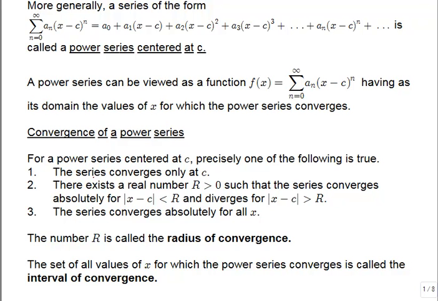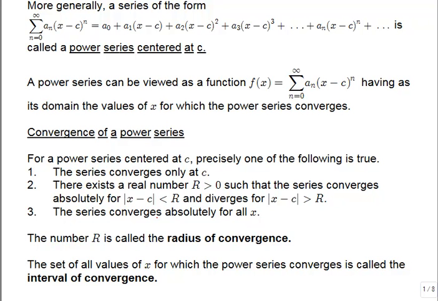Number one, either the series converges only at c. Number two, there exists a real number r greater than 0 such that the series converges absolutely for the absolute value of x minus c less than r and diverges for the absolute value of x minus c greater than r. Or the third case is that the series converges absolutely for all x.